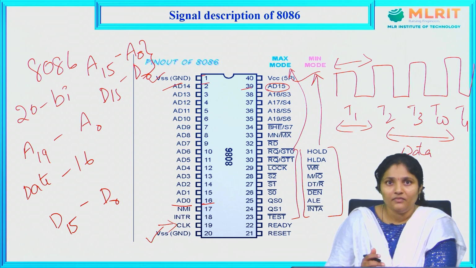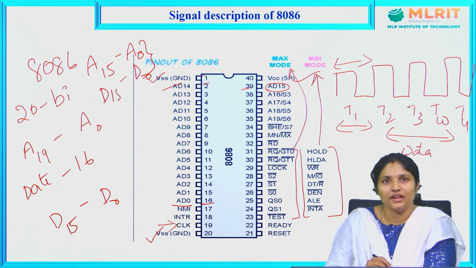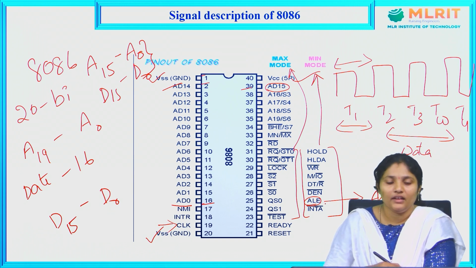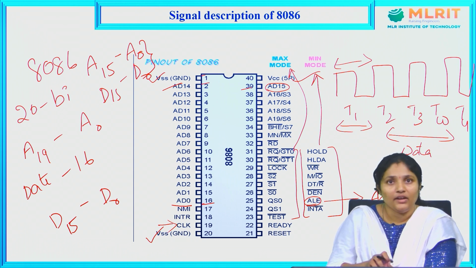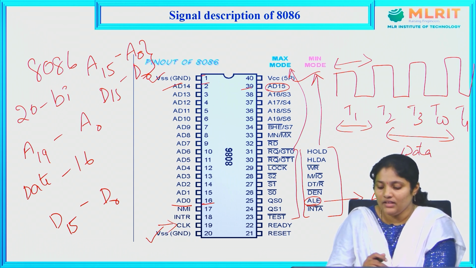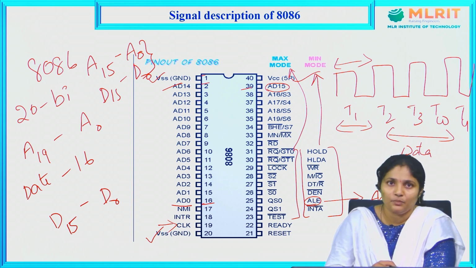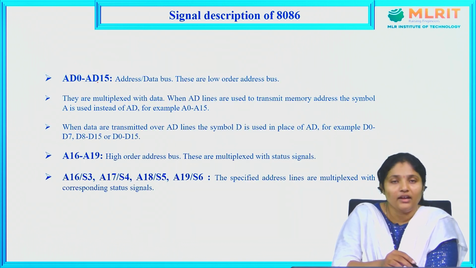Which pin is used to enable these address and data lines? We have the ALE pin, which is used to enable the address. If ALE equals 1, then the address will be available on AD0 to AD15. The remaining time, if ALE equals 0, then data is present over these pins. So this is all about address and data lines.